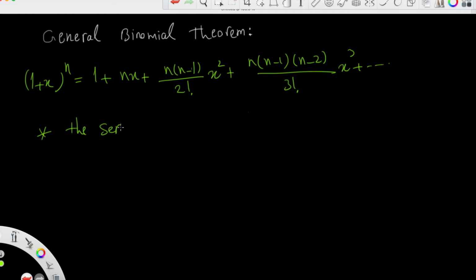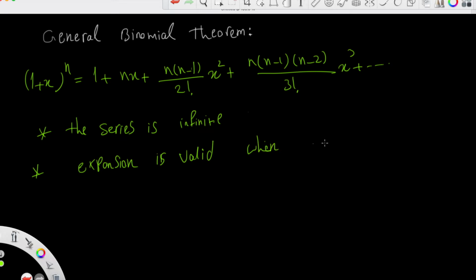The series is infinite, and the second point, which is really important, is that the expansion is valid when the absolute value of x is less than 1, or you can say x between 1 and -1. Otherwise this expansion is not valid.